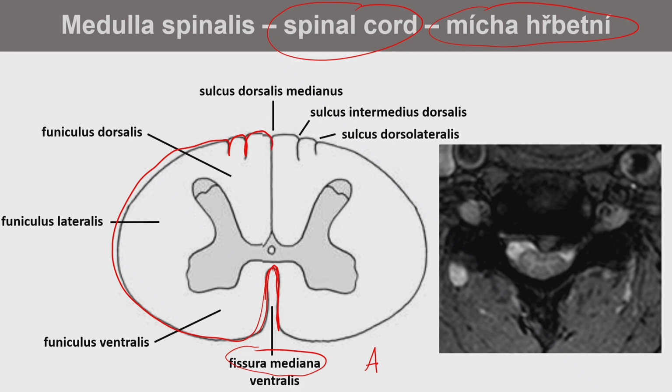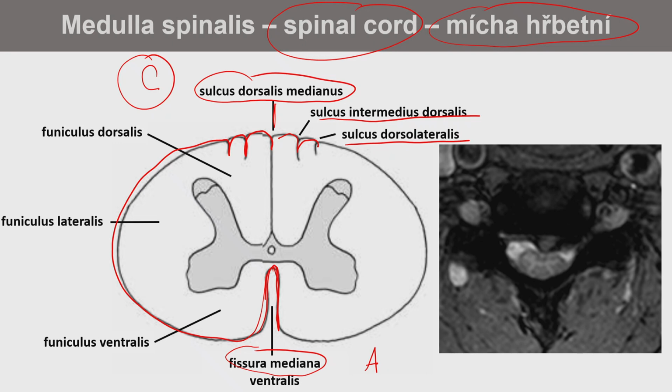Then we can observe other grooves. This is a schema which will correspond to about C level of the spinal cord. Dorsally, in the midline, we have a sulcus dorsalis medianus, so dorsal groove, median dorsal groove. And 2 smaller, which are sulcus intermedius and dorsolateralis.